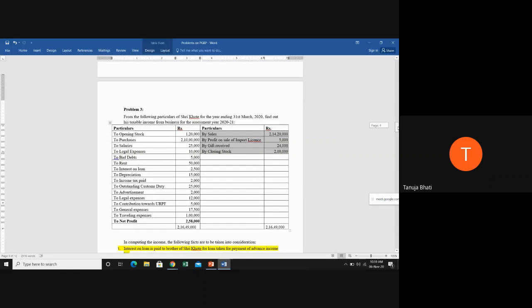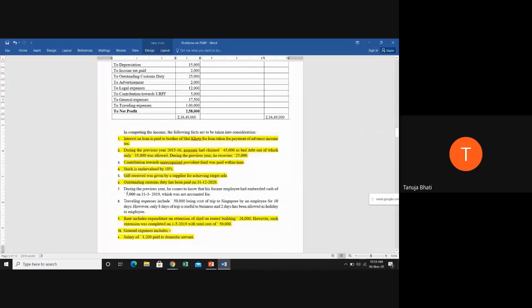Next, we need to check whatever is not highlighted, those expenses which are not debited to the P&L account. But let us see whether they should have been debited to the P&L account. So let us quickly see.